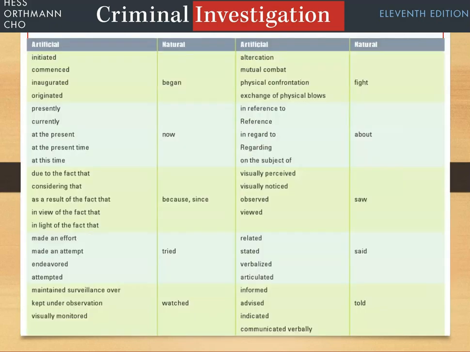So, on page 87 in your textbook is a table that I threw in there to help you with artificial sounding versus natural sounding words, to help you with the wordiness and to try to make things clear.